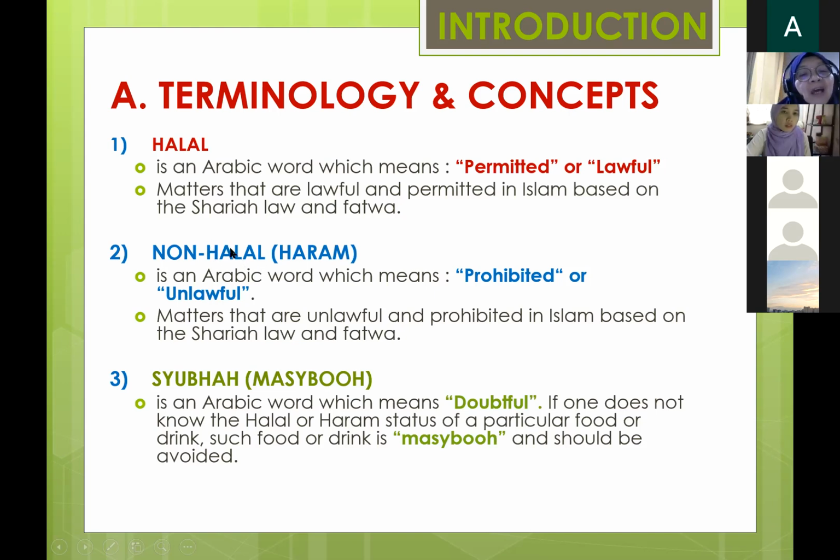If you say non-halal, then it can be other things, right? So the correct word is to use halal for permitted or lawful, and the opposite of permitted and lawful are prohibited or unlawful, or more accurately, haram, in Arabic. So haram is matters that are unlawful and prohibited in Islam based on Sharia law and fatwa.